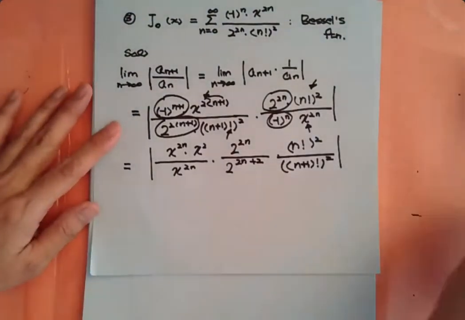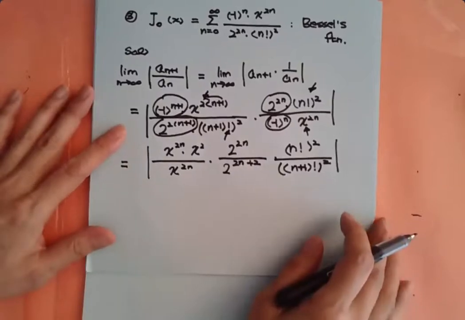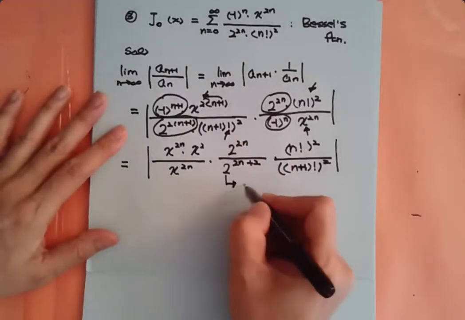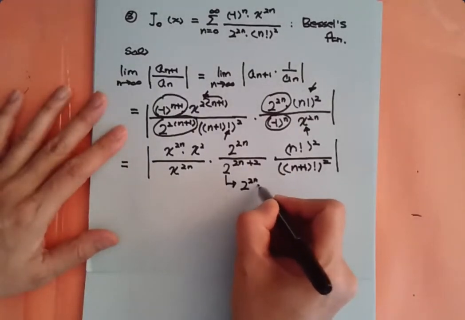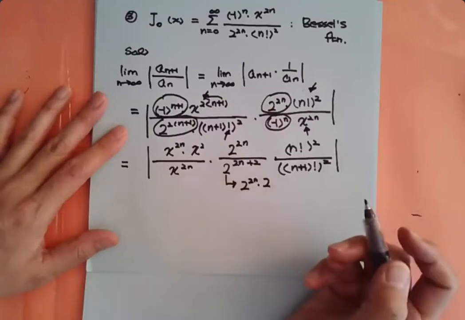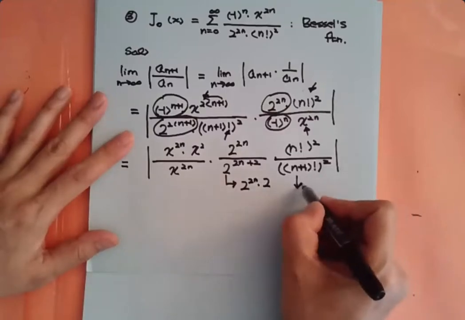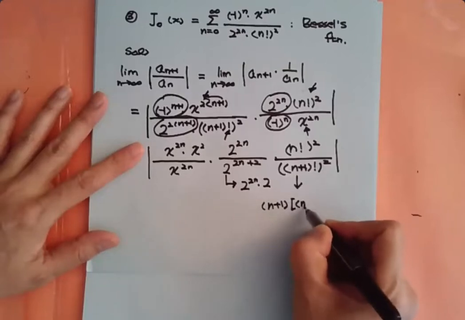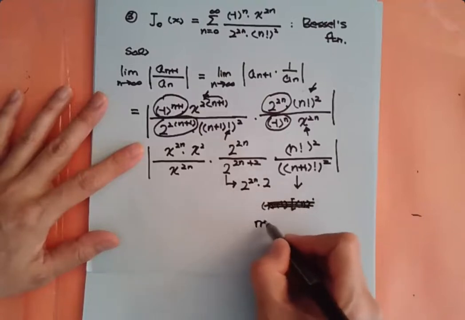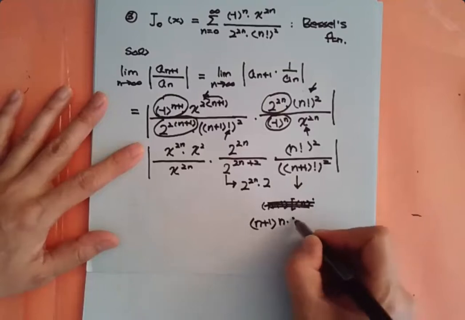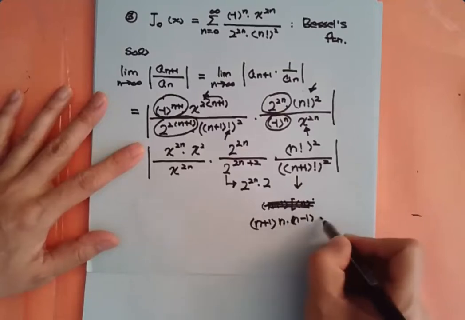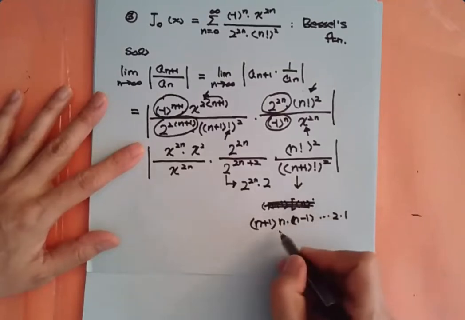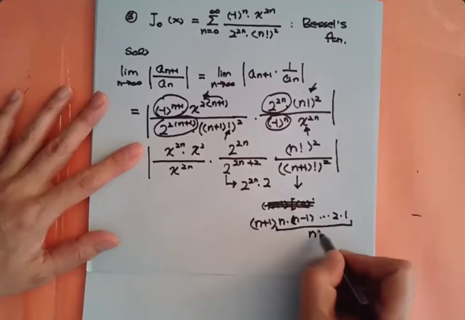For the powers of 2, the denominator can be written as 2 to the 2n power times 2 squared. And for (n plus 1) factorial, we can rewrite that as (n plus 1) times n times (n minus 1) down to 2 times 1, and so this part can be written as n factorial.